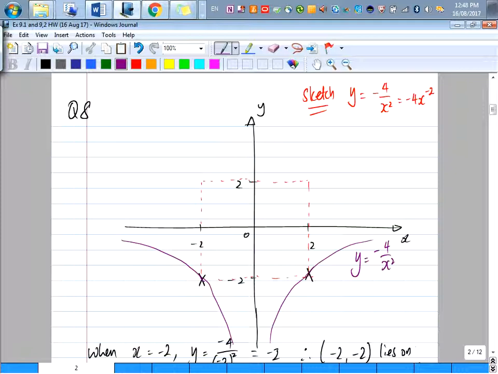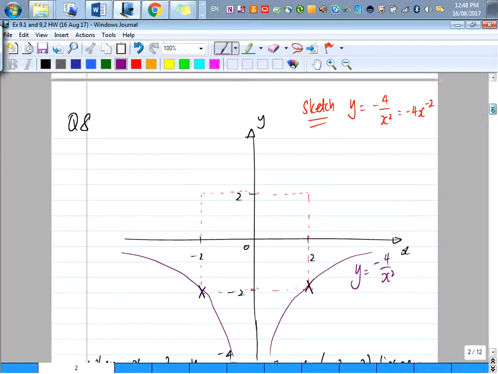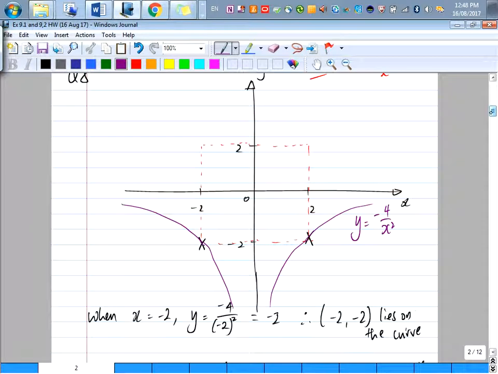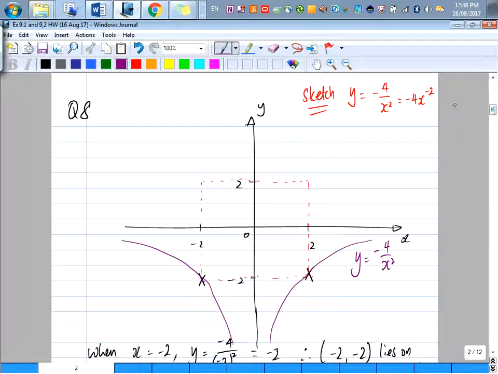It does not touch the y-axis. You mean like this? They are the same thing. Whichever way you write it, they are the same. Okay?